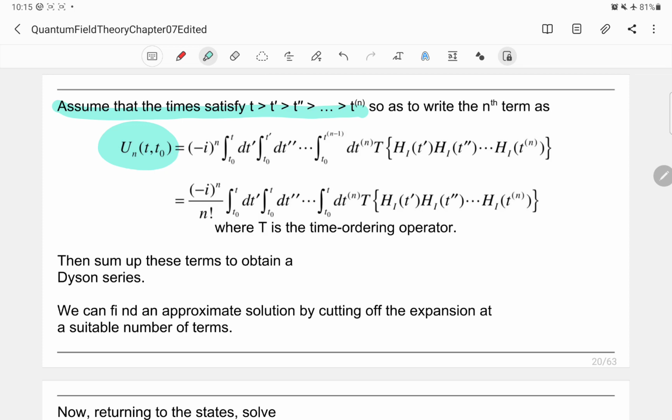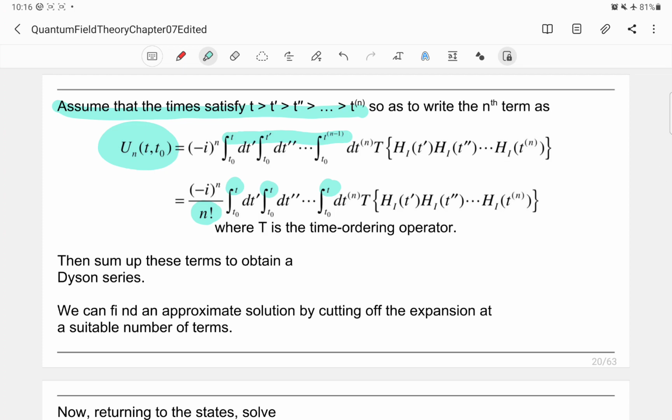Notice that the time here are all the same. Here you have t prime, t to the n minus 1, and by doing that you will also have the presence of an n factorial here.